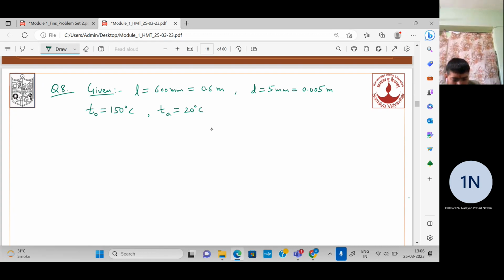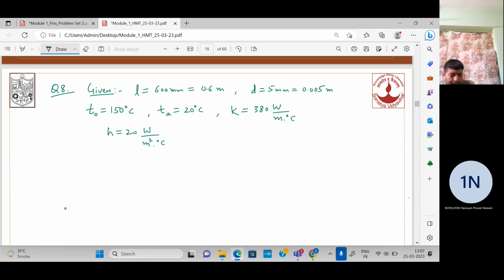Now the thermal conductivity is given as 380 watt per meter degree Celsius. And the value of h, the convective heat transfer coefficient, is given as 20 watt per meter square degree Celsius.